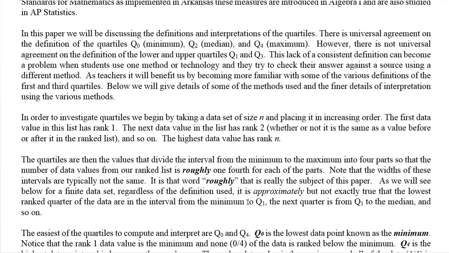And this lack of a consistent definition can become a problem whenever someone thinks they're using one method, and maybe they pick up some technology or someone else's technique to do the other method. So I'm going to talk a little bit about several different methods of computing Q1 and Q3 and what they actually are trying to do.